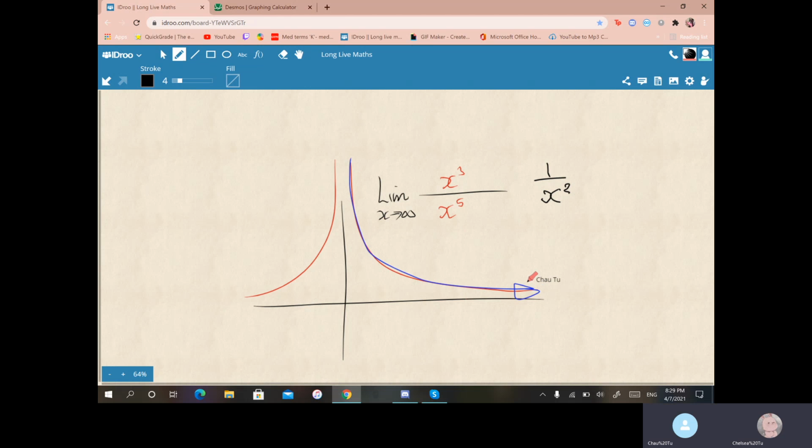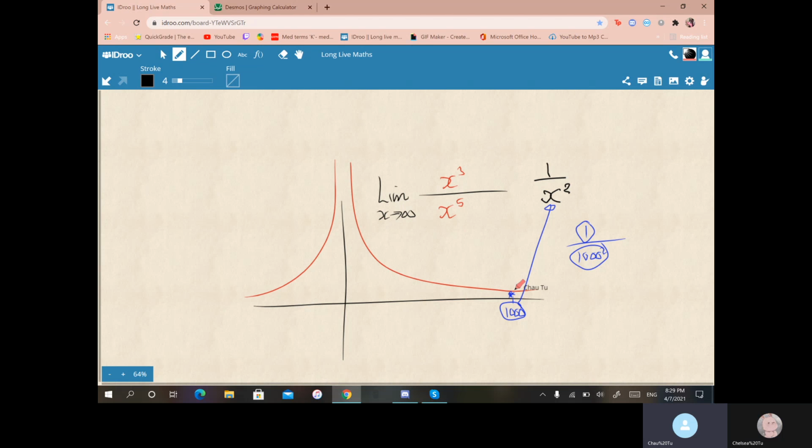Another way of thinking about this, Chelsea, is what happens when you look at a really, really big number. Let's say 1,000. If you put 1,000 into here, it would be 1 over 1,000 squared. 1 divided by a really, really big number is going to be a very, very small number.